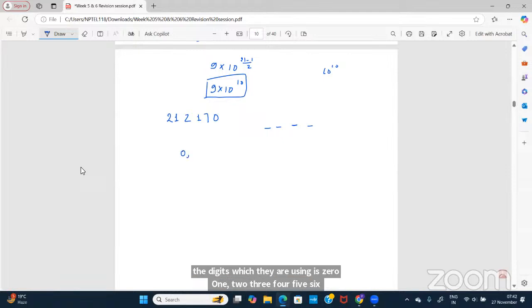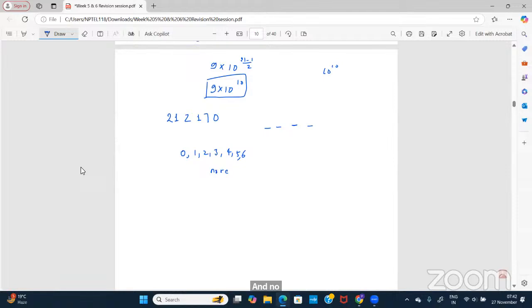So these digits we have to use, no repetition allowed. And how many digits do we have to use for the roll number?